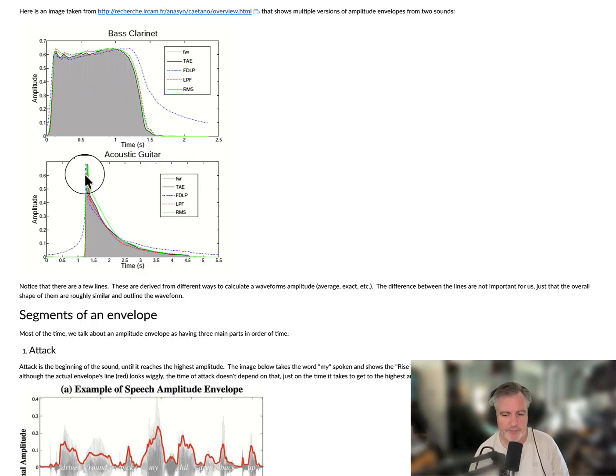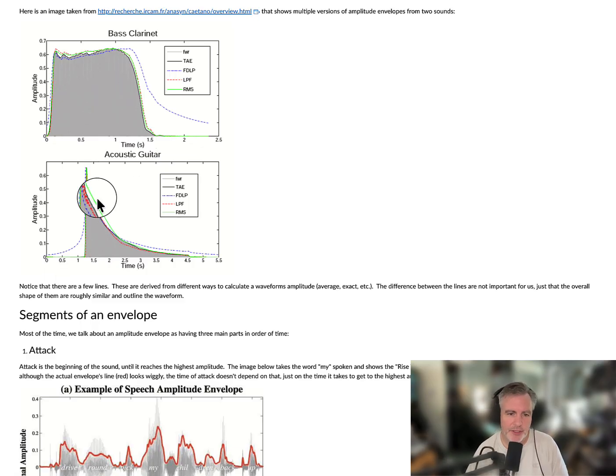You hit it with a pick or with a finger or with something, and it has a very quick rise to the loudest it gets, and then it dies away over time. You don't have to keep exciting the string. It's just because it's vibrating and you have excited it, it kind of dies away.